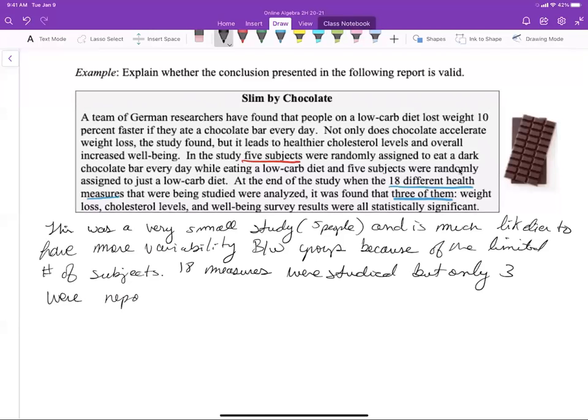It appears they are intentionally trying to find something good to report.